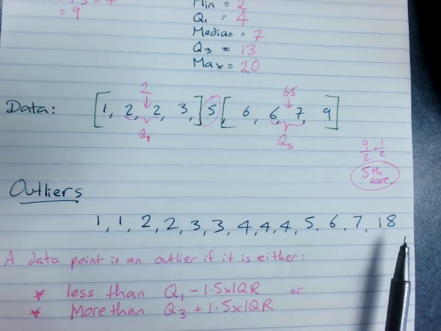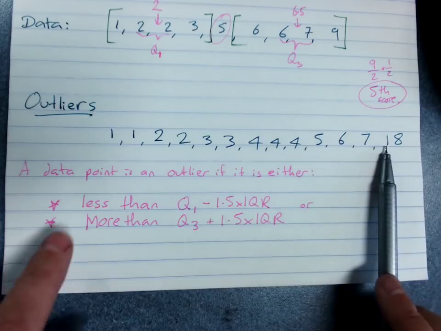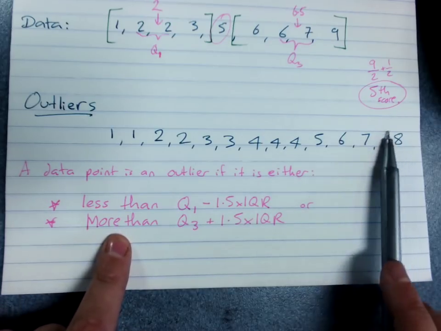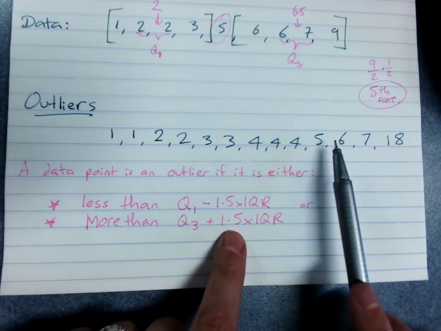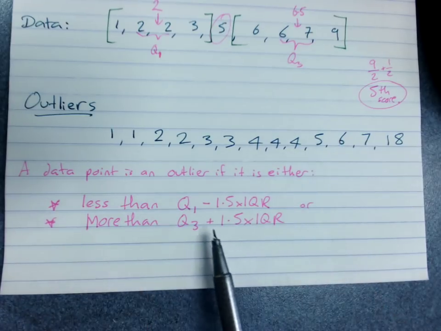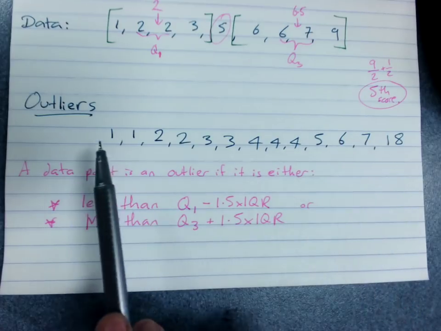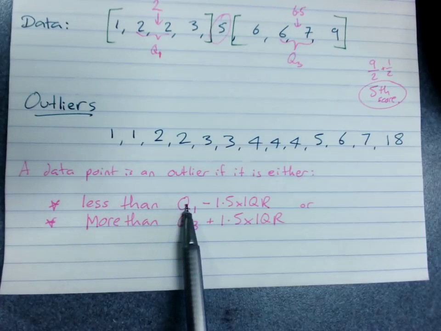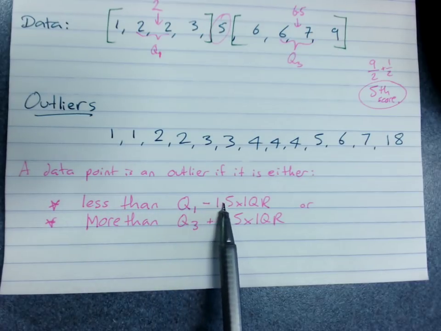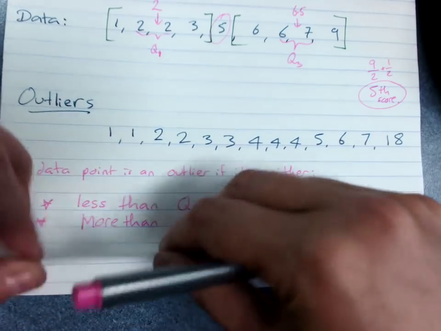Now, up this end of the data, we're going to be checking, is this more than the third quartile plus 1.5 lots of the interquartile range? So you see we need the quartiles and the interquartile range to work out if it's an outlier. We'd be checking, is this 1 less than the first quartile minus 1.5 lots of the interquartile range? So we'll do the working for those. I'll find some more paper.